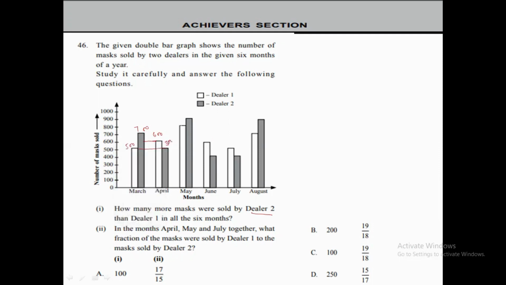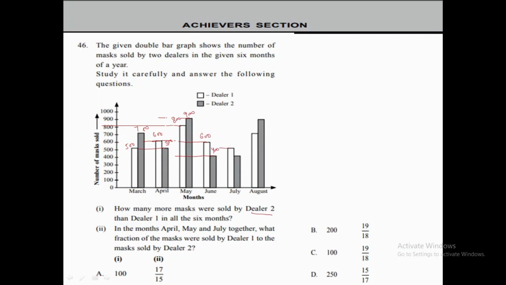Okay, now when we are going through the month of May, what we can see, dealer 1 sold 800 and dealer 2 sold 900. Okay, in the month of June, dealer 1 sold 600 and dealer 2 sold 400.